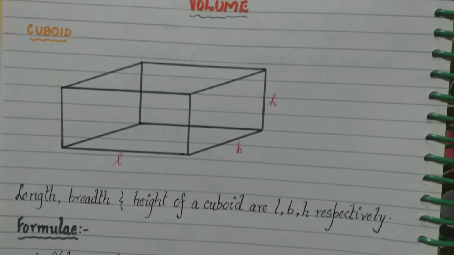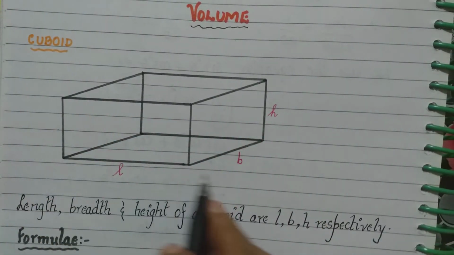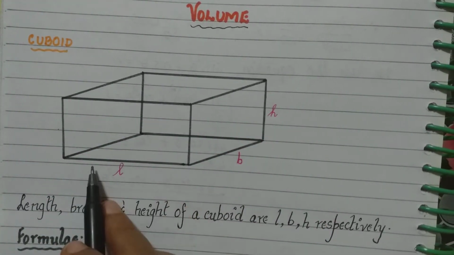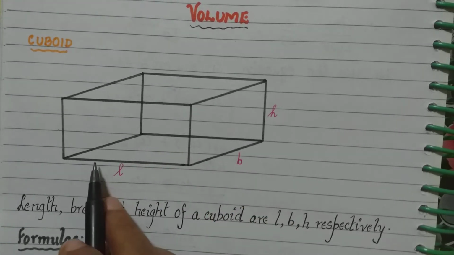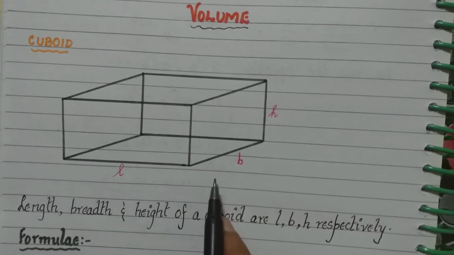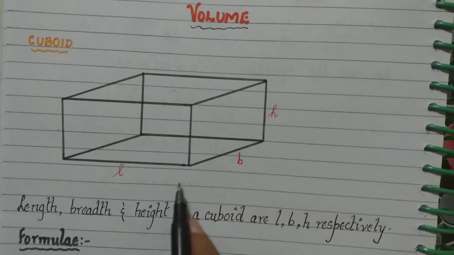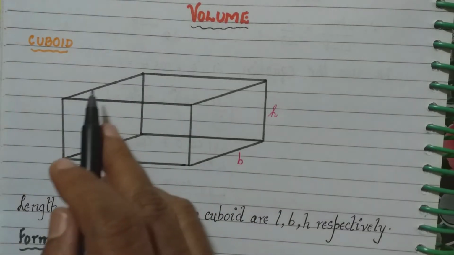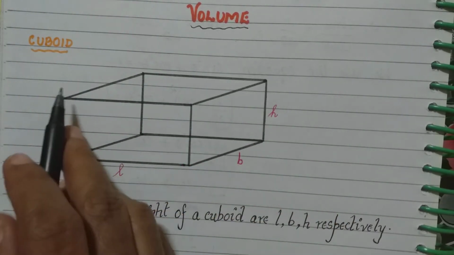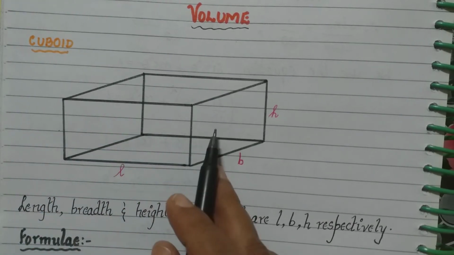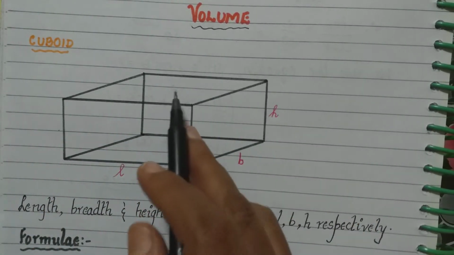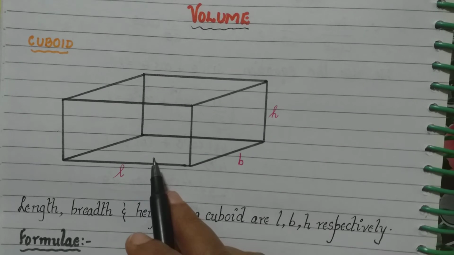You look here, when you look at the cuboid, you see that this surface which is down, one side of it is L, the other side is B, opposite to it is this top surface. So here also one edge will be L, the other will be B. So we have two surfaces like this.